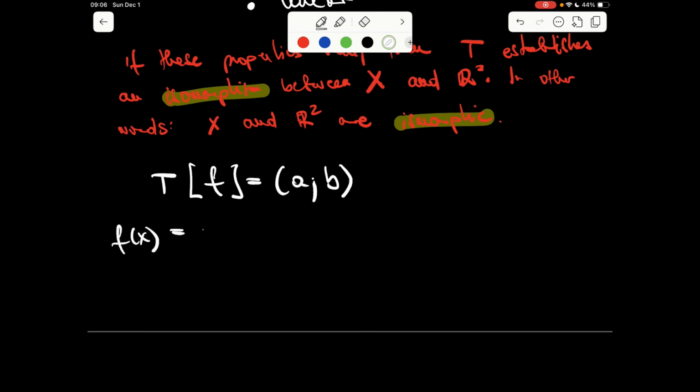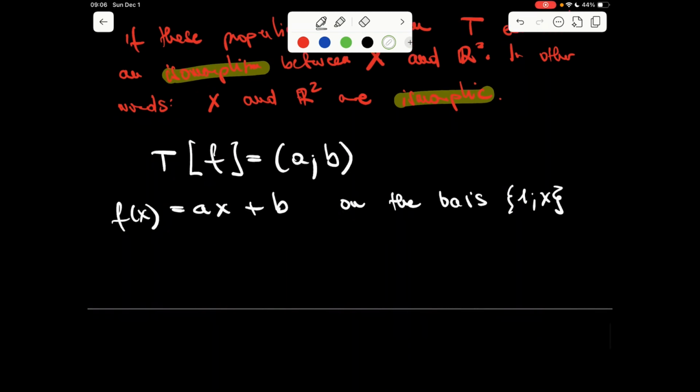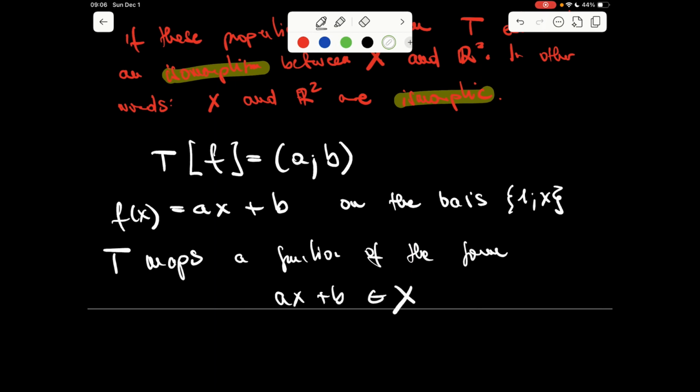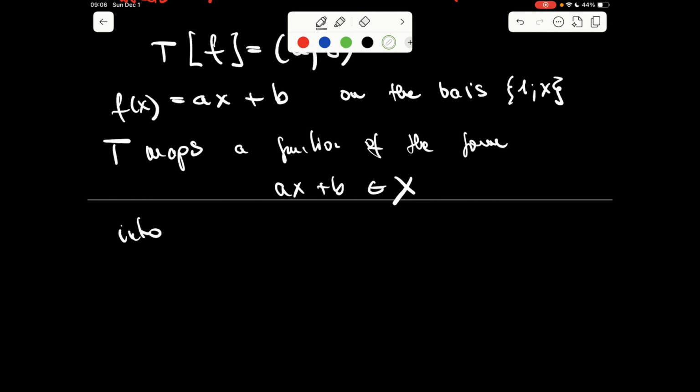If we have a function in this form, ax plus b, on the basis 1 and x, T maps a function of the form ax plus b, which is an element in X, into a point (a, b) in R squared.